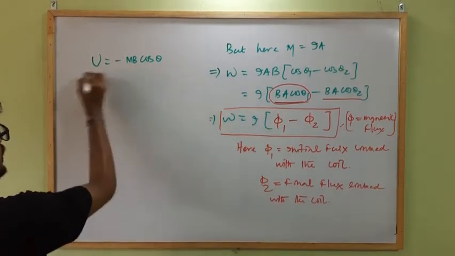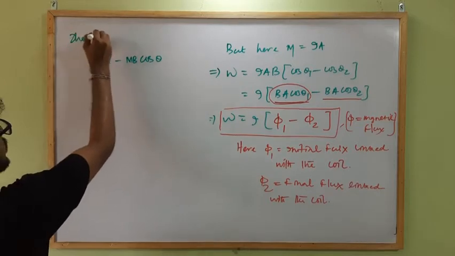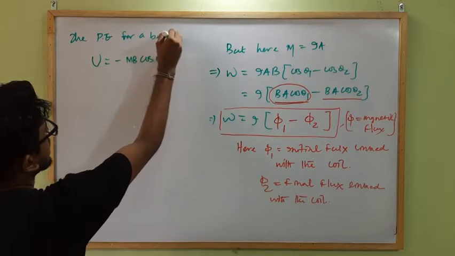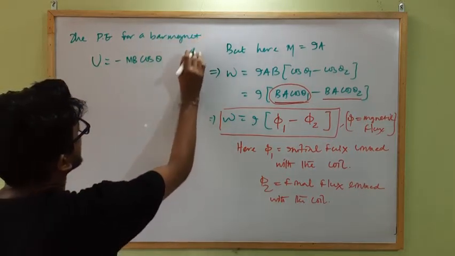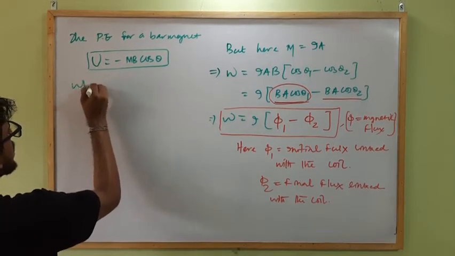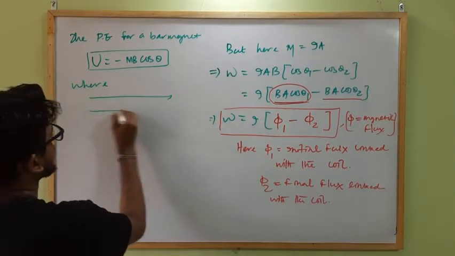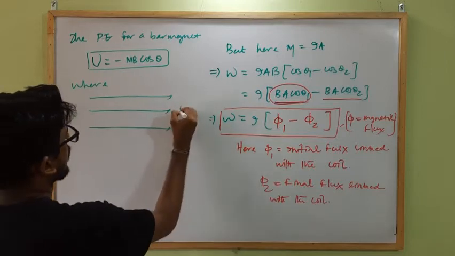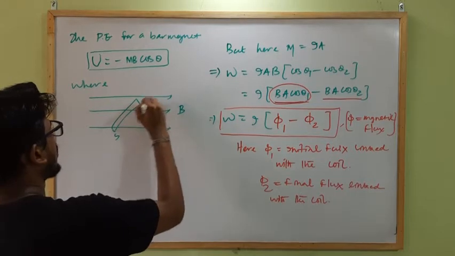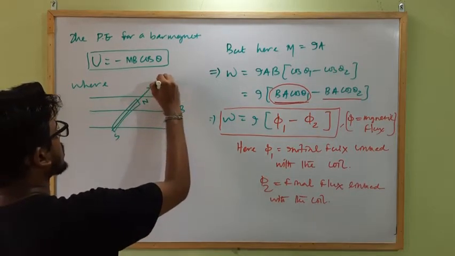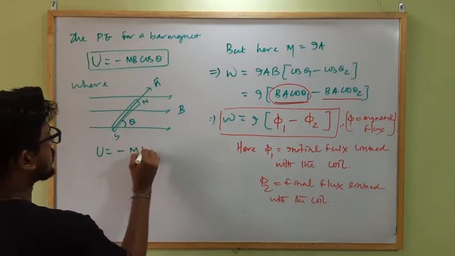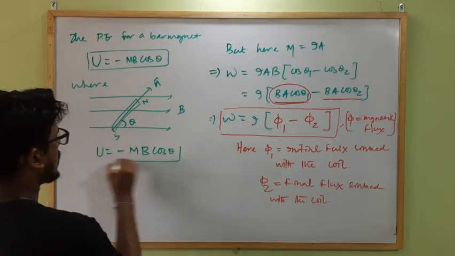Similarly here we can write the potential energy for a bar magnet is this much, where this is the direction of B, and here is a bar magnet, south and north. The magnetic dipole moment is along this direction M, and this angle is theta. So here the potential energy is minus MB cos theta.